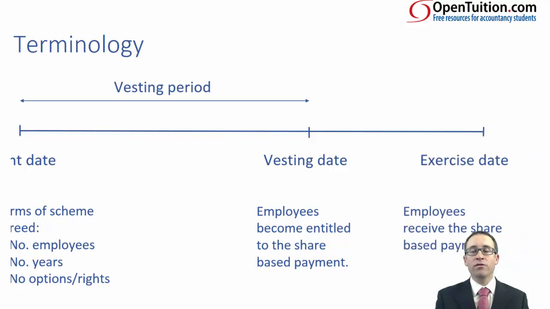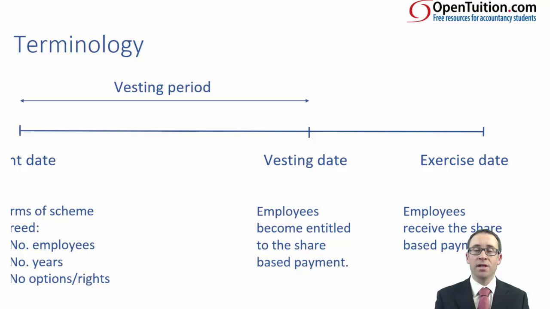We then have what's referred to as the exercise date, and that's when the employer actually receives the share-based payment. So it's probably a small period of time afterwards, maybe a couple of months, whereby you actually then receive the cash, or you go through and pay the cash to buy the share as part of the share option scheme.